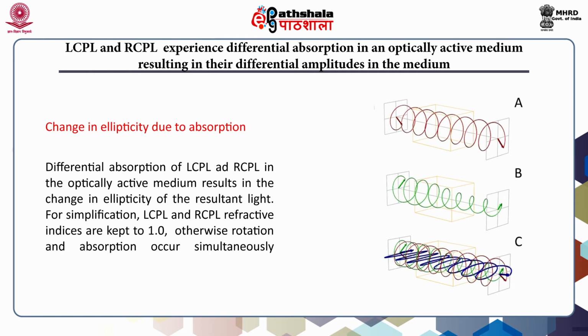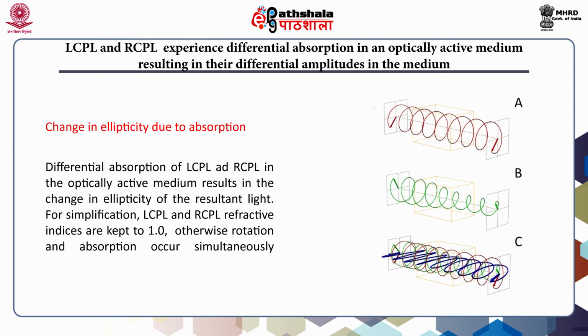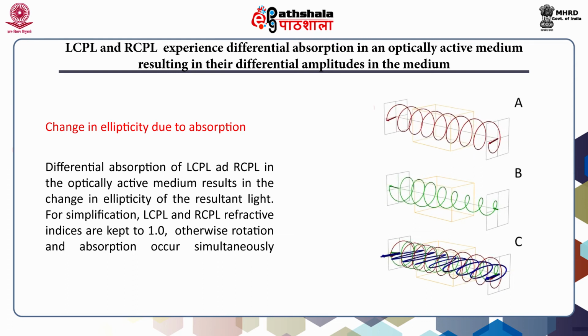So rather than oscillating on the horizontal axis, it is now oscillating around this particular axis. Now rather than following a linear oscillation path, it is following an elliptical one. So this is the ellipticity we are interested in measuring in a circular dichroism experiment.